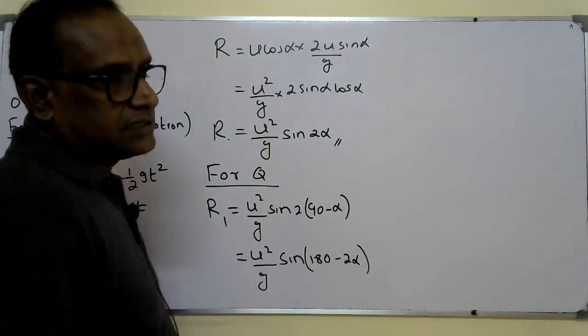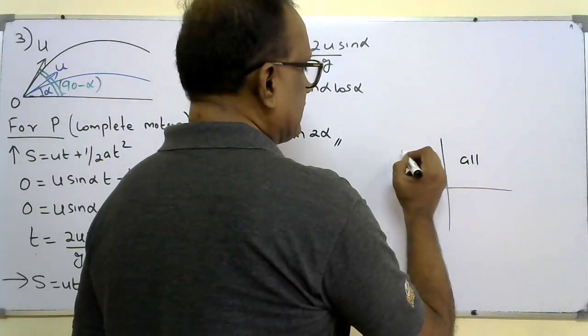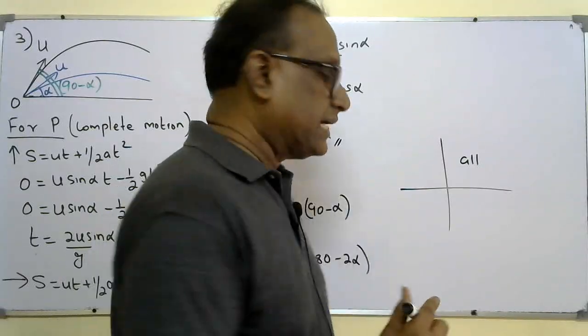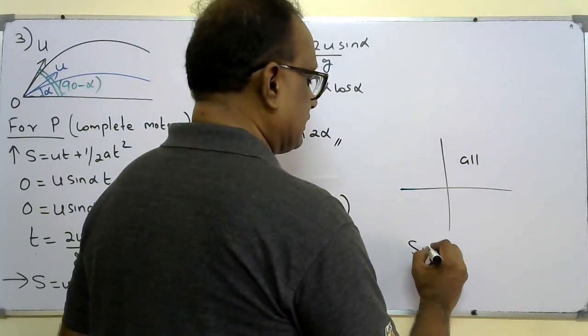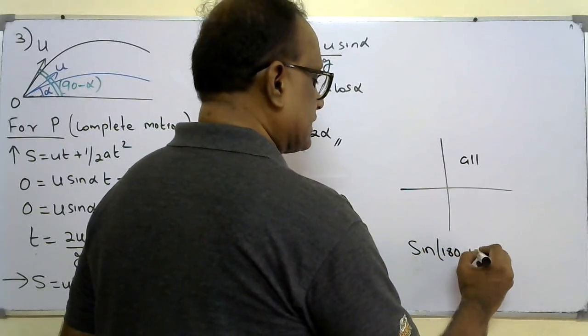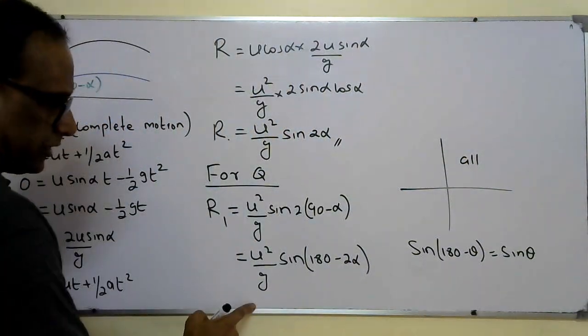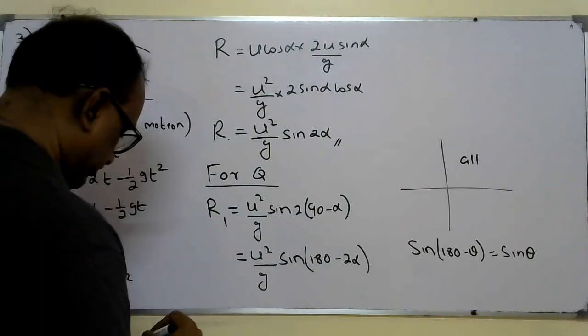But you know that in trigonometry, in the second quarter, sine is positive. Sine 180 minus theta is equal to sine theta. So sine 180 minus 2 alpha is going to be sine 2 alpha.